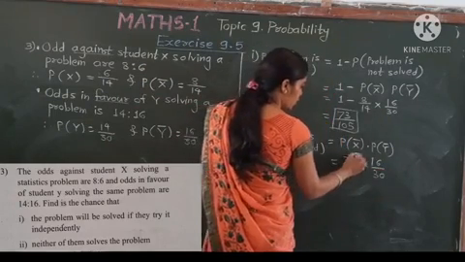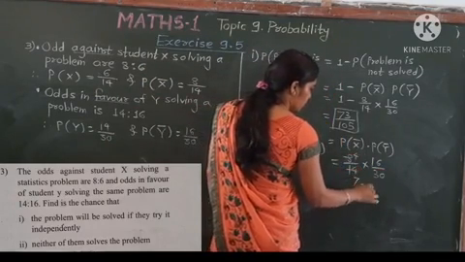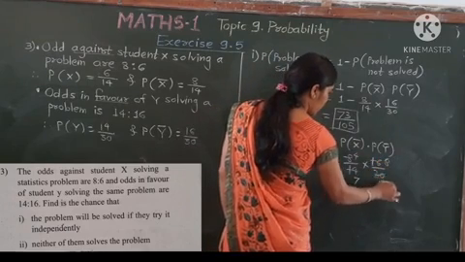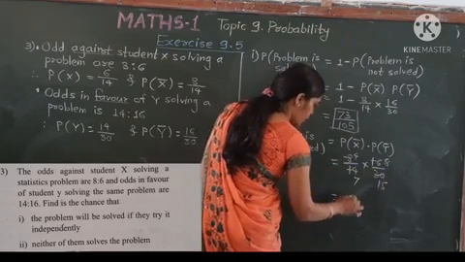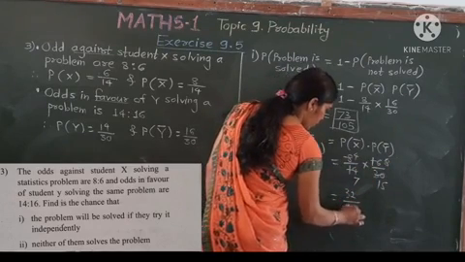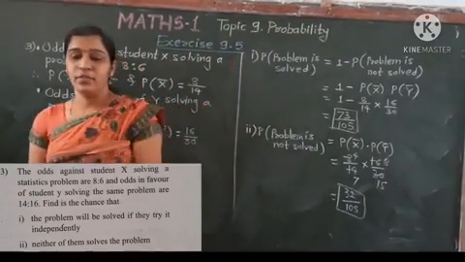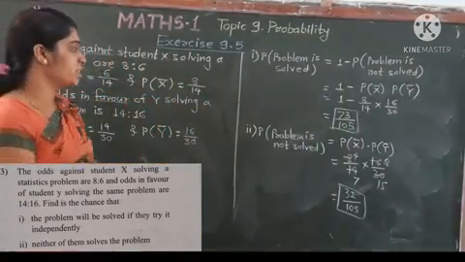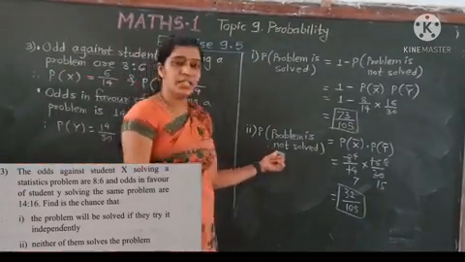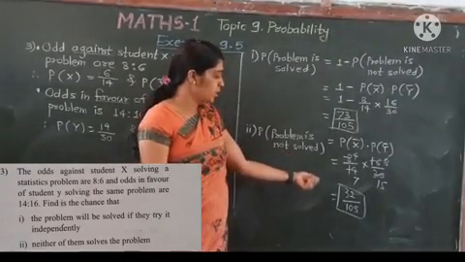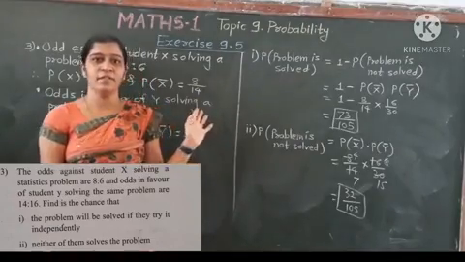Calculate this. 2 fours are 8, 2 eights are 16, 2 fives are 10, 8 fours are 32 upon 100. Therefore, the chance that neither of them solves the problem is 32 upon 100.